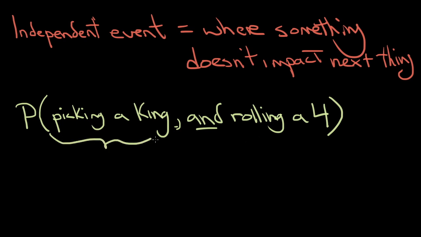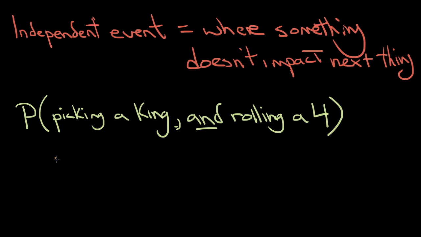I have a deck of cards, and I pick a king, and then I go and roll a dice. Did picking a king impact the 4? Did it? Well, hopefully you're saying no right now, because it doesn't. So what do you do for these things?